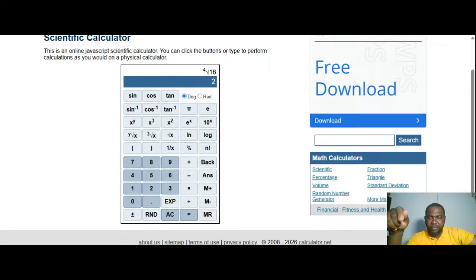Okay, so Angel, increase your resolution. I'm using a laptop too. I had to browse. I had to look for a scientific calculator online. Then that's what I'm using.